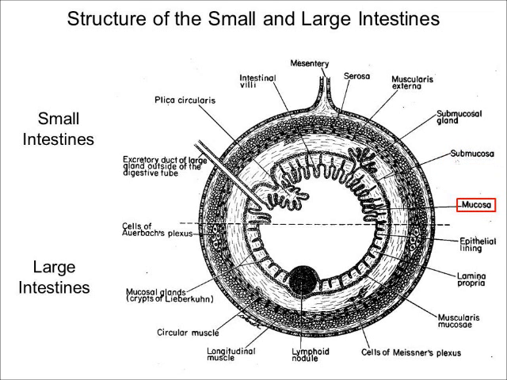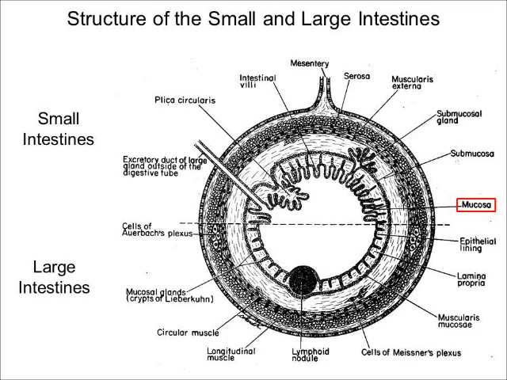The final innermost layer is the mucosa. As I said before, it is a type of mucous membrane. It has openings to the outside of the body and contains mucous goblet cells. Now, as you can see in this diagram, the mucosas of the small and the large intestines have a slightly different structure in keeping with their different functions.